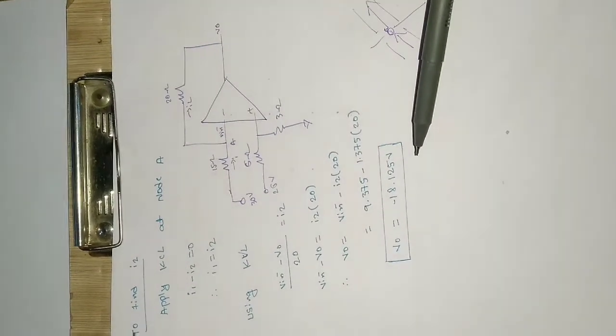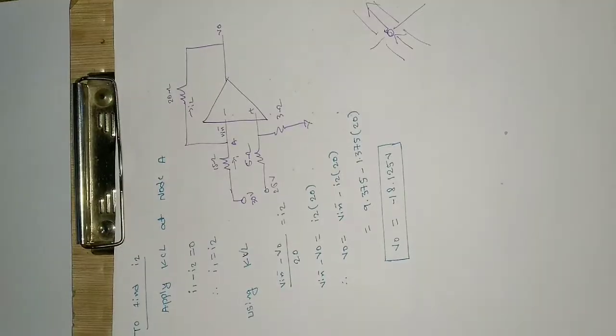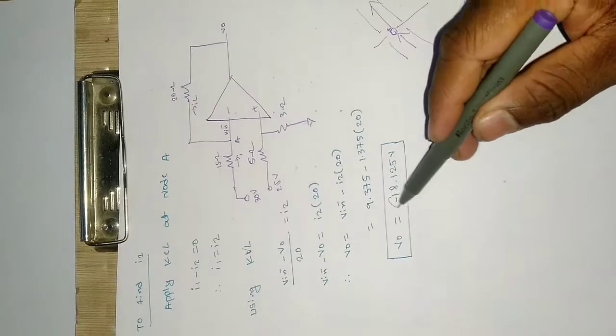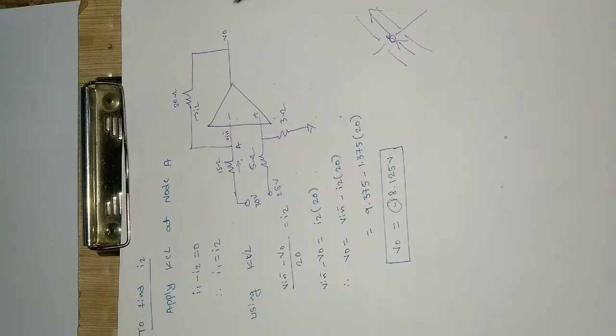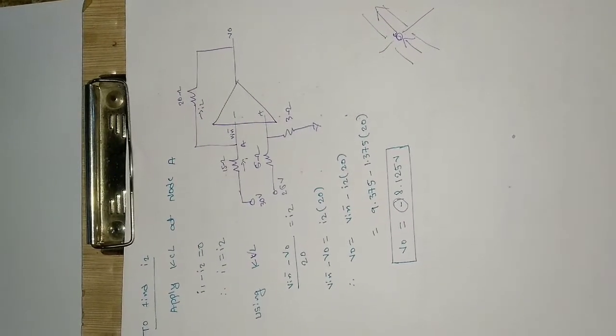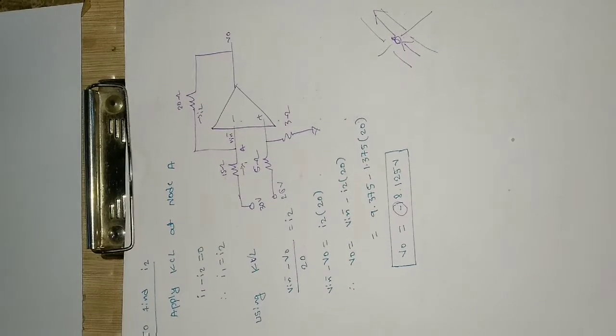So plug in the values of Vin and I2, then we will be getting minus 18.125 as the output voltage. So this negative sign, guys, is due to the fact that we have applied the input to an inverting terminal. It indicates that the output and input will be out of phase with respect to each other by 180 degrees.